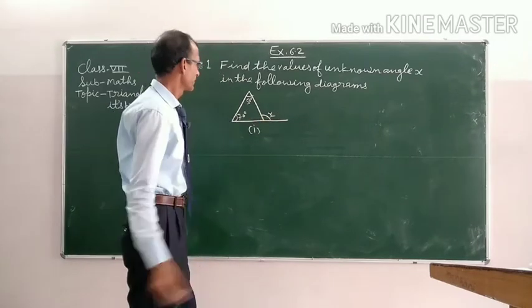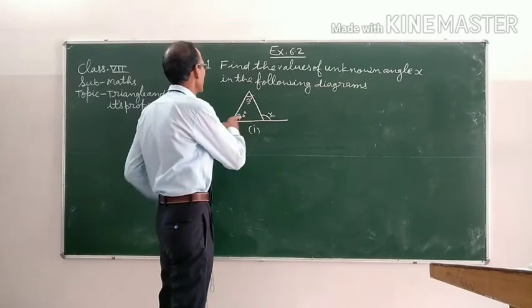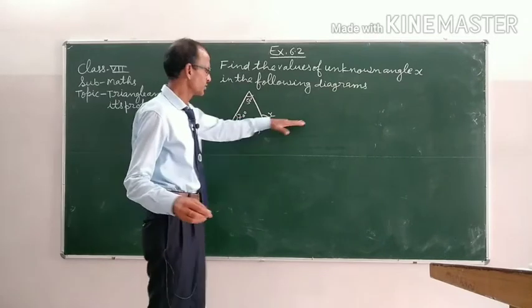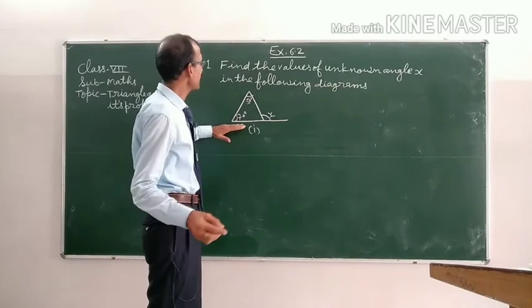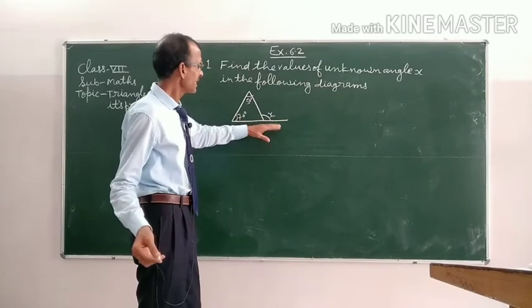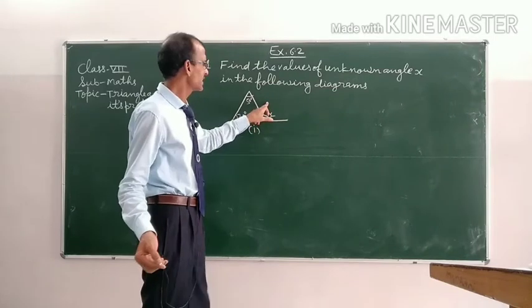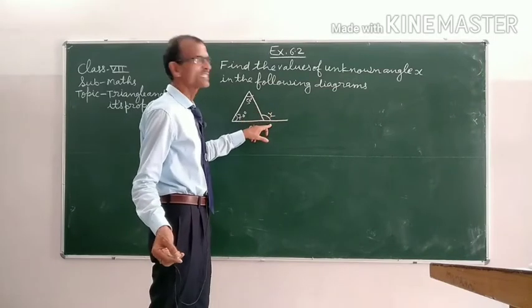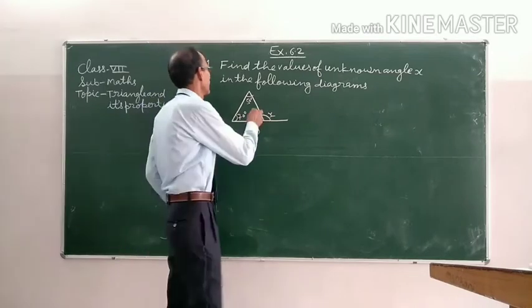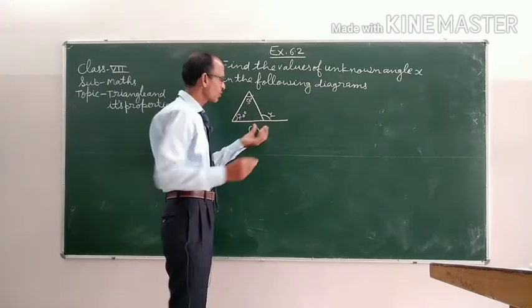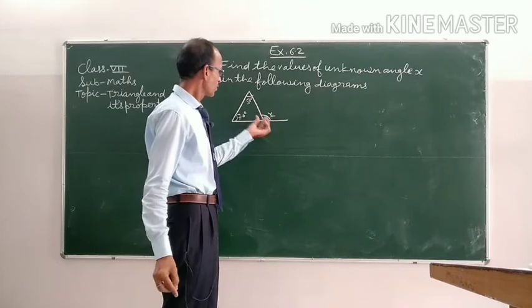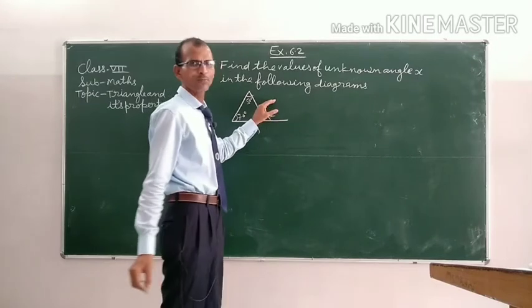Okay? We know that when a side of a triangle is produced, then the angle formed in the exterior of the triangle is called exterior angle. जब किसी ट्रायंगल की किसी भी साइड को आगे की तरफ बढ़ाया जाता है तो उस ट्रायंगल के एक्सटीरियर में जो एंगल फॉर्म होता है वो एक्सटीरियर एंगल है.